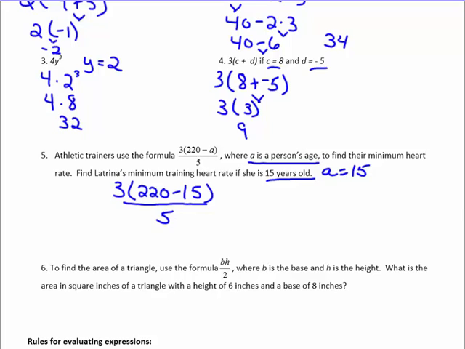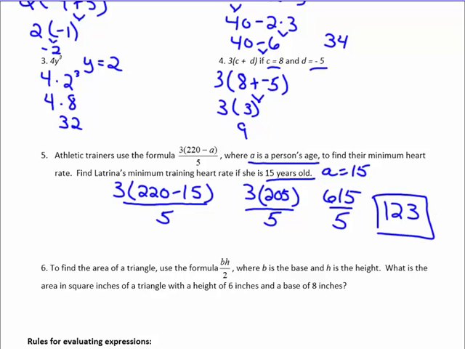I have to do the parentheses first. 220 minus 15, I'm going to put it over here because I did not leave myself enough room, is 205. Now I have to do the multiplying first. This is going to give me 615 divided by 5. I'm trying to divide in my head here. 123 is her training heart rate.